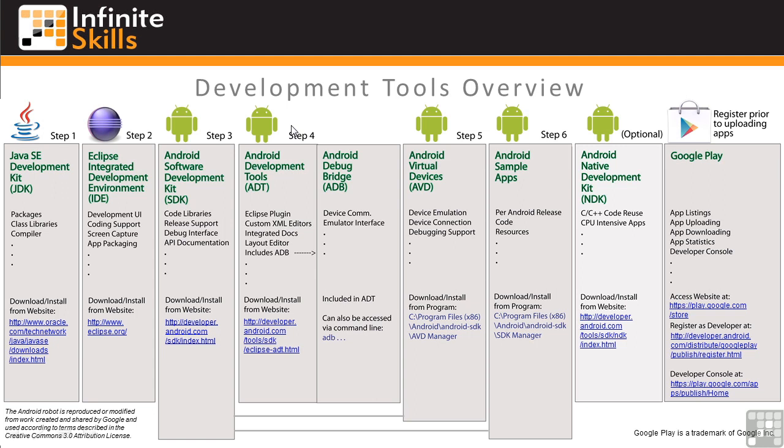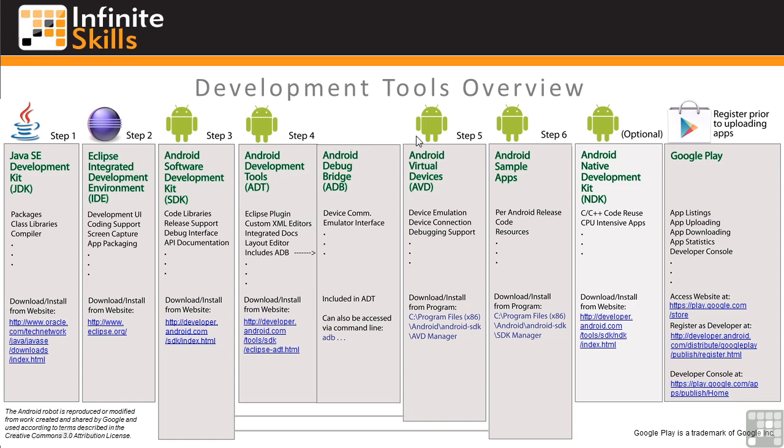It includes an Eclipse plugin, custom XML editors, integrated documentation, and a layout editor. It also includes the Android debug bridge for debugging support. It's possible to use the debug bridge without Eclipse, but since we're focusing on an Eclipse-based development environment, we'll assume that the ADB is automatically installed when you install Eclipse.